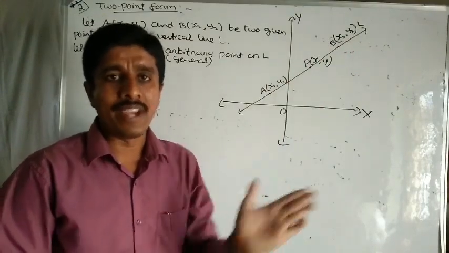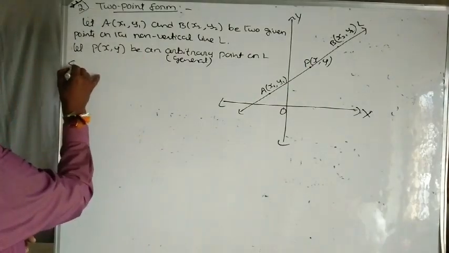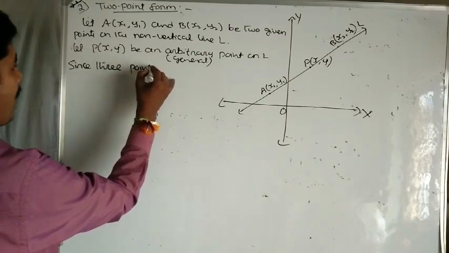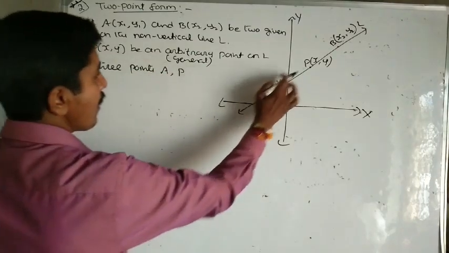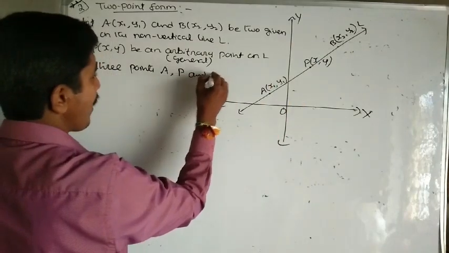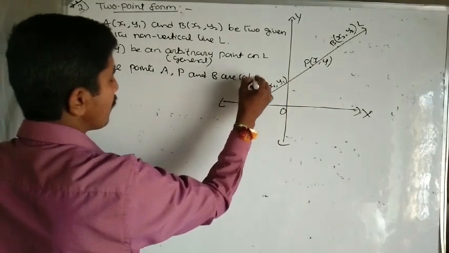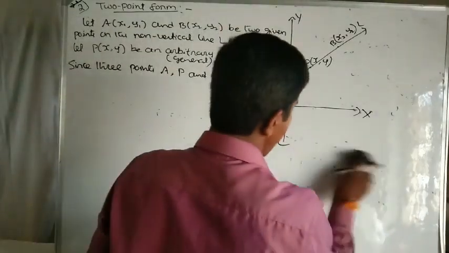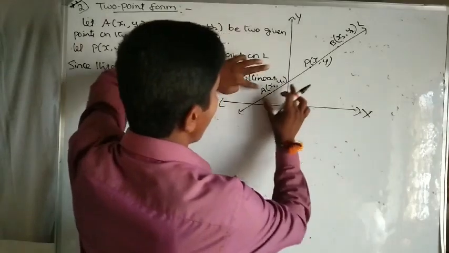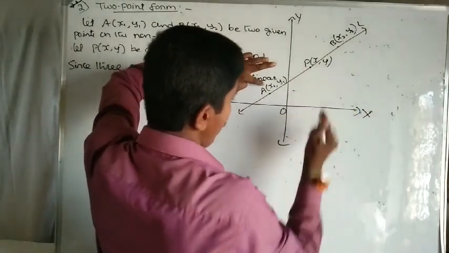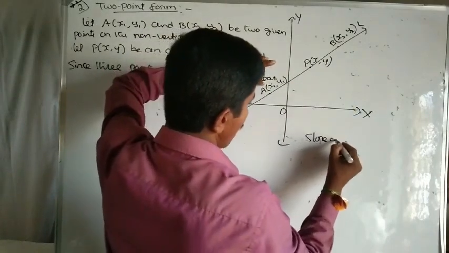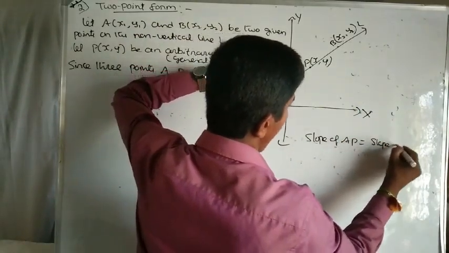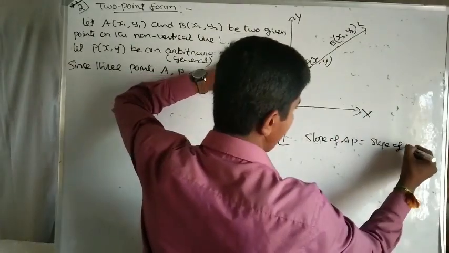Since 3 points A, P and B are collinear, we know the condition that when 3 points are collinear, slope of AP equals slope of AB, or slope of AP equals slope of PB.